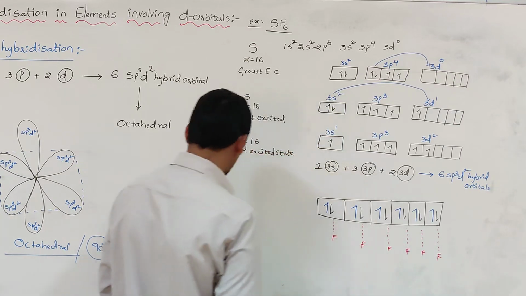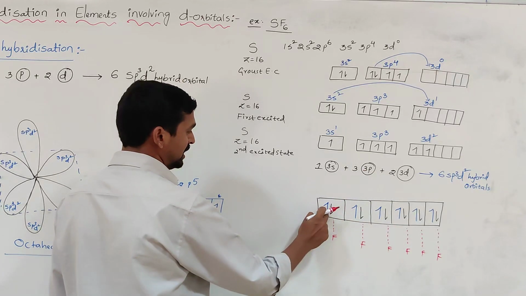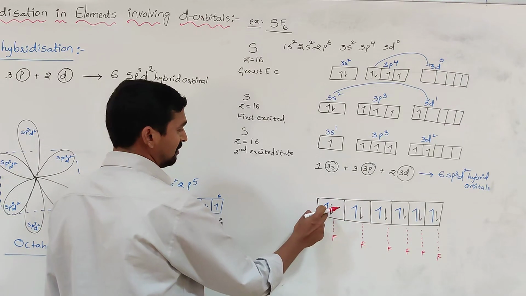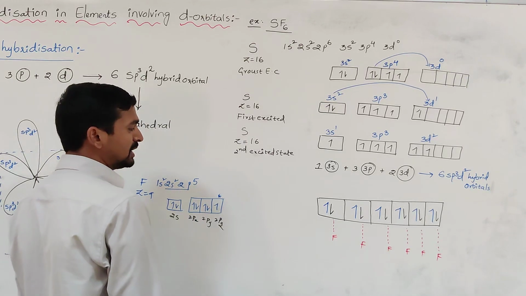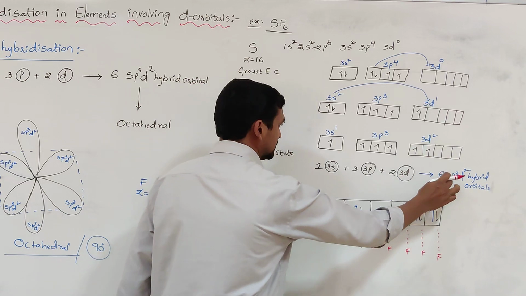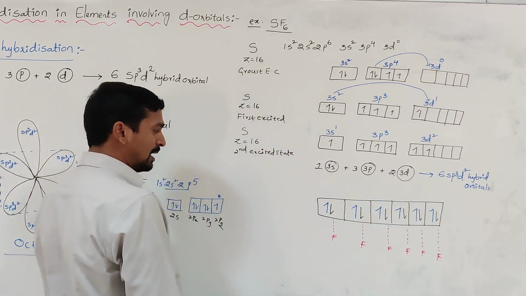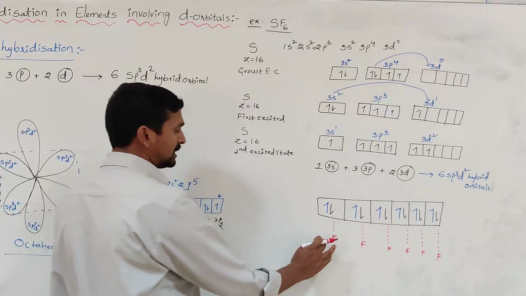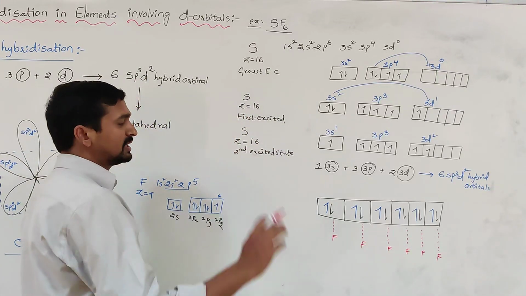It means the 2p orbital of fluorine and the sp3d2 hybrid orbital of sulfur overlap axially, which results in the formation of sigma bonds. Like that, each sp3d2 hybrid orbital of sulfur overlaps with the 2p orbital of a fluorine atom to form 6 sigma bonds.